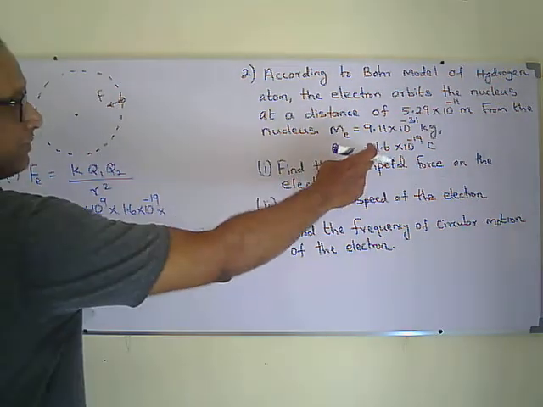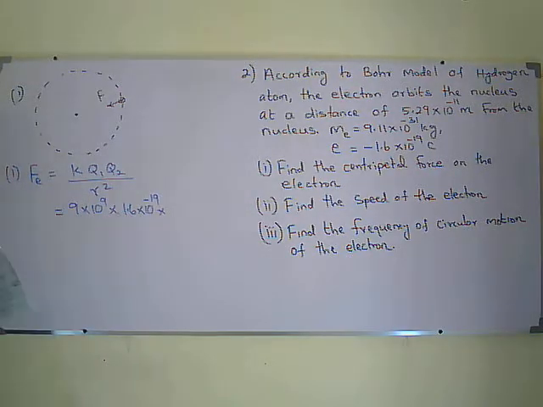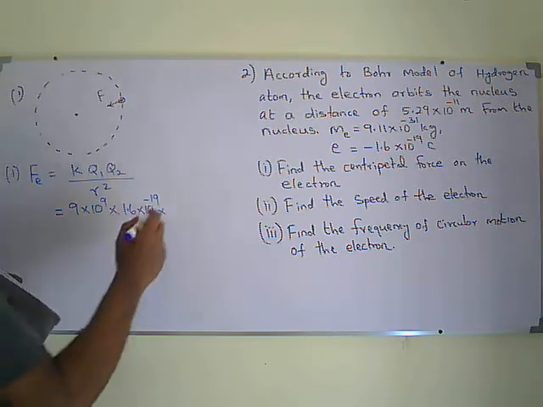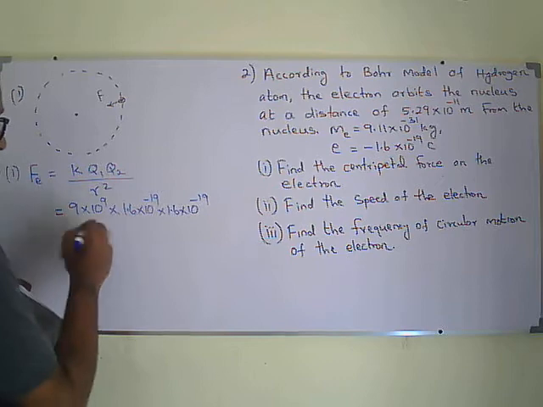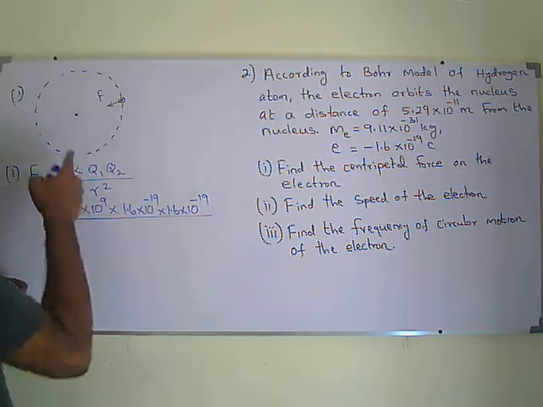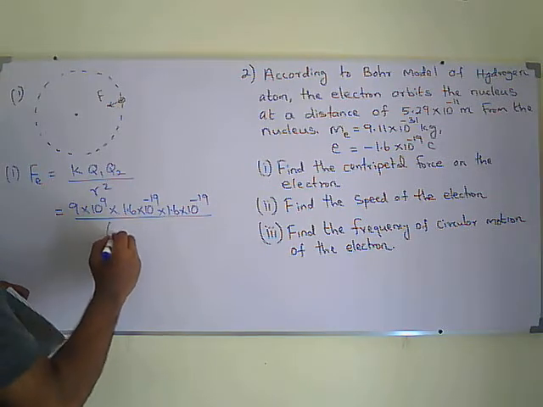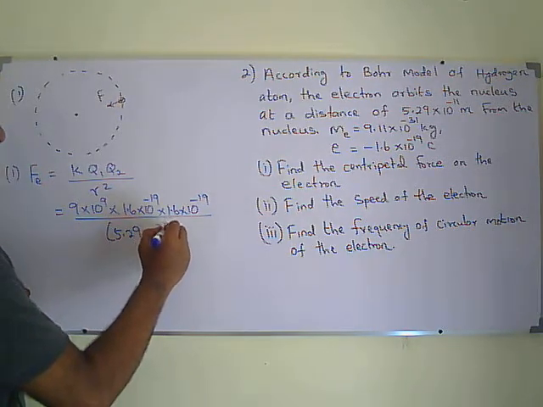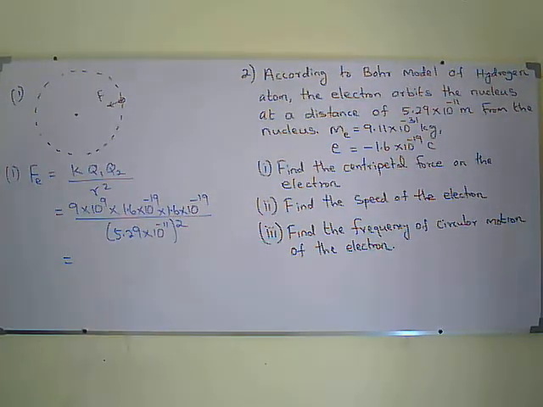When I use negative, I can explain the direction of force based on vectors, but in A level, we are not using it. So I just deal with magnitudes, 1.6 × 10^-19, divided by r squared, where r is the distance, 5.29 × 10^-11, all squared.